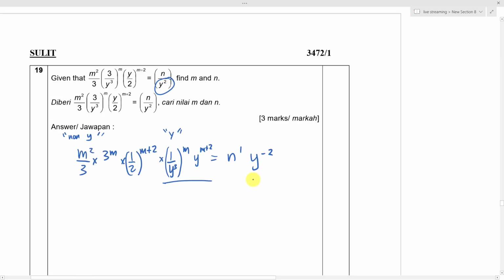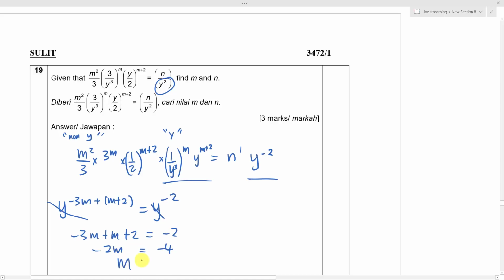Never mind, compare the y first. So this one should be y to the power of negative 3m, multiplied by y to the power of m plus 2, equals y to the power of negative 2. Cancel out the y. Negative 3m plus m plus 2 equals negative 2. Negative 2m equals negative 4. m equals 2.